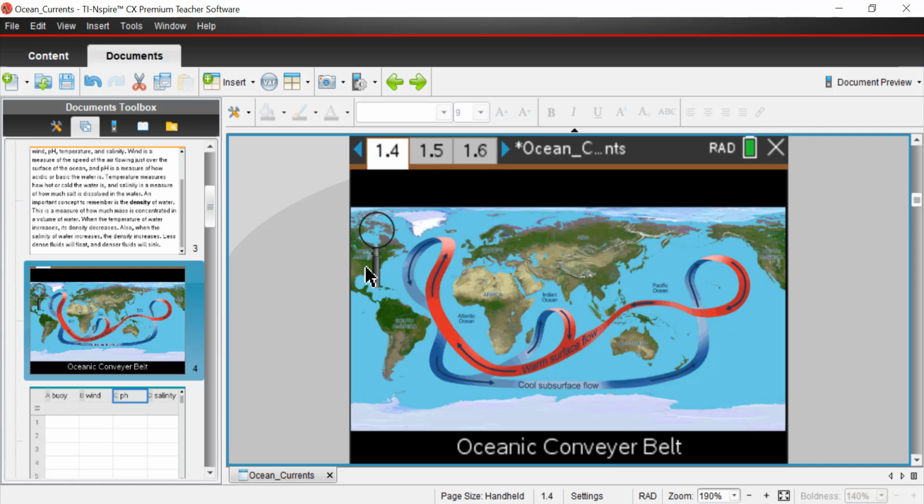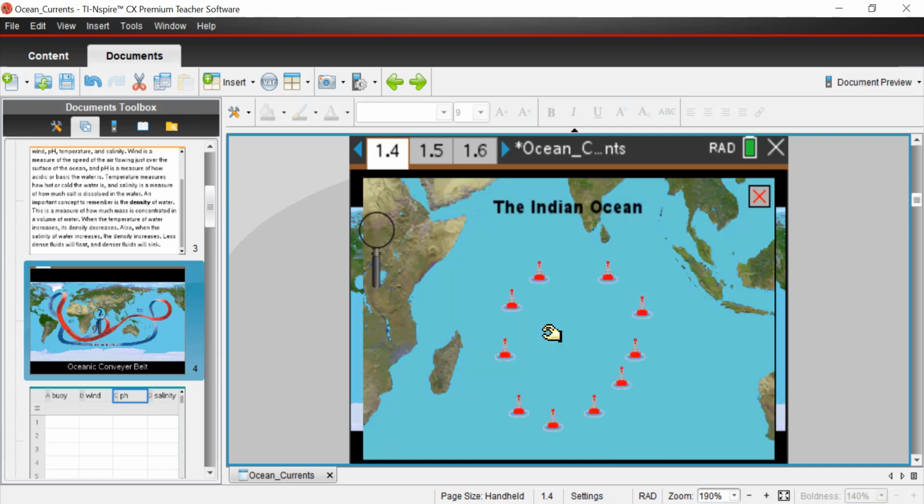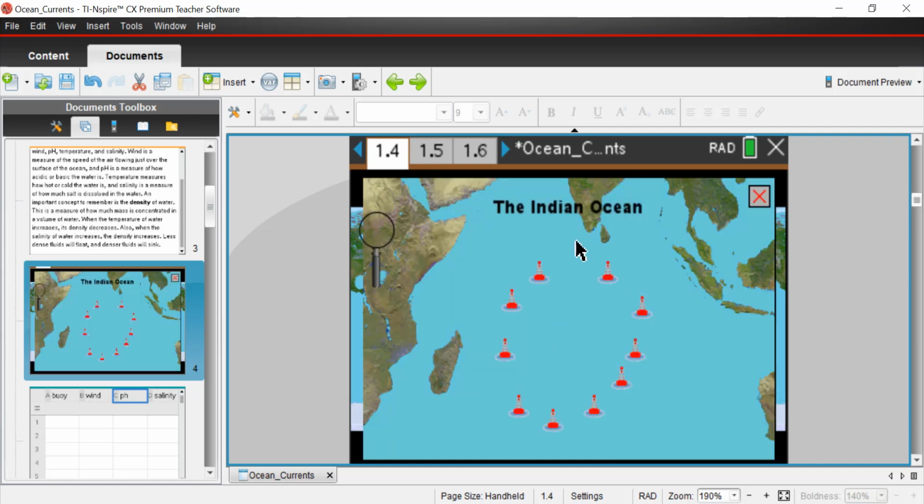So there's the U.S. and South America, Africa, we have Europe, Asia. There's the other half of America over there, Australia, and so everybody's represented. What we're going to do is pull this over to the Indian Ocean. Well, there's the Atlantic. All right, here's the Pacific Ocean. Here's the Indian Ocean.